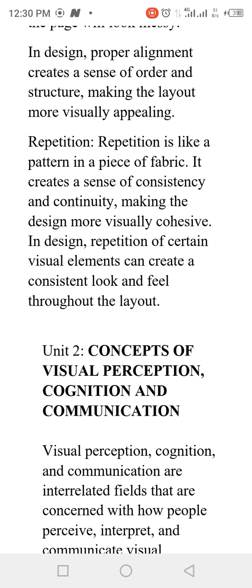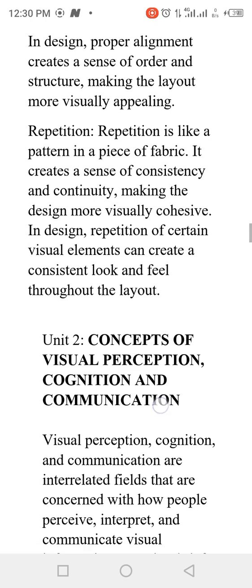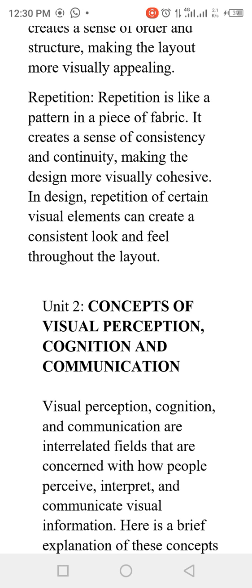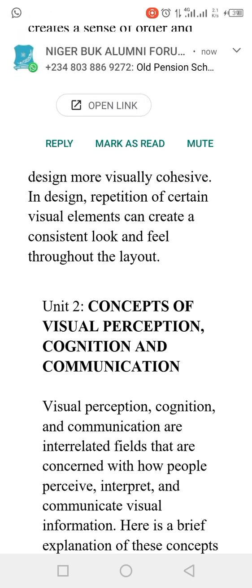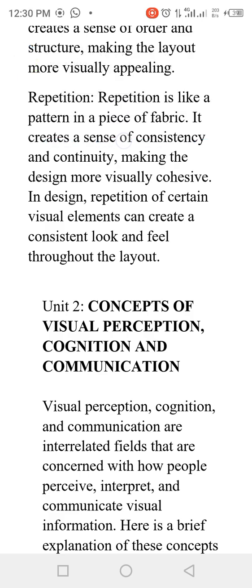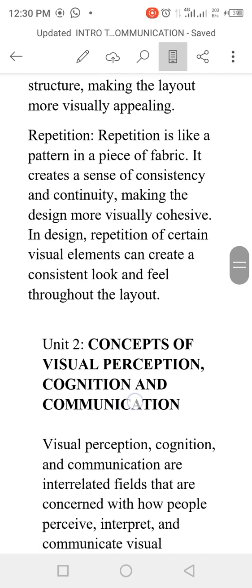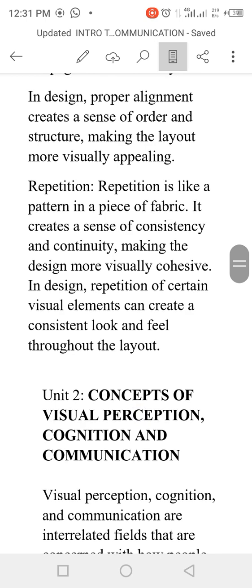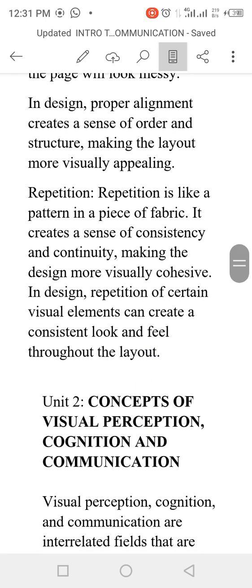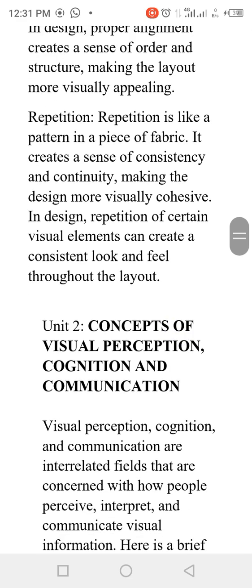But what they want you to avoid is too much repetition of any of the visual elements, because if you do that, it will make your design look very boring and not visually appealing to your audience. This is what we mean by repetition.